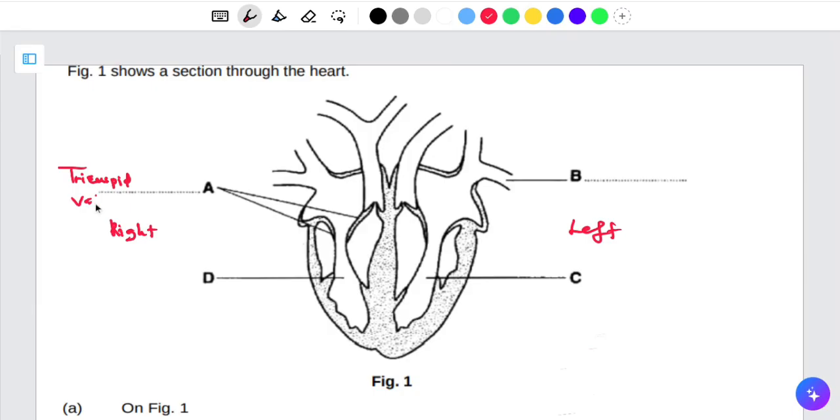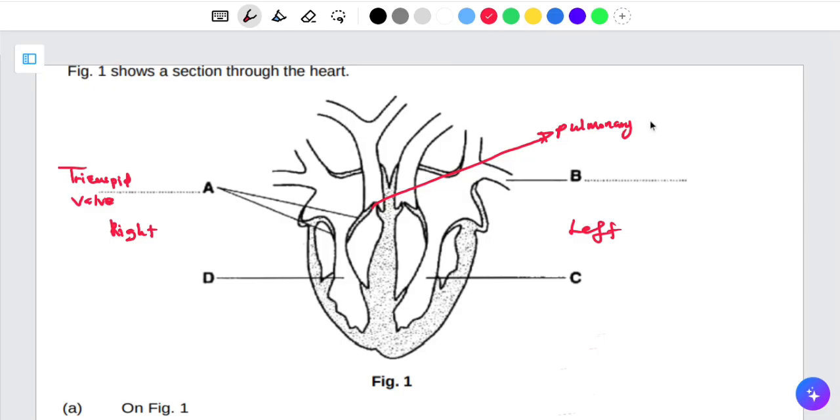The function of this tricuspid valve is to prevent the backflow of blood from the right ventricle to the right atrium. It's very important. We also have other parts like this one here, which is called the pulmonary semilunar valve. It is very important to know these valves, because maybe in your exam they can ask you to identify the ones I'm identifying here.